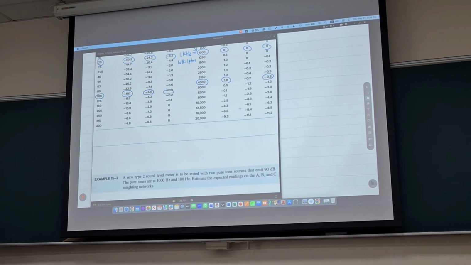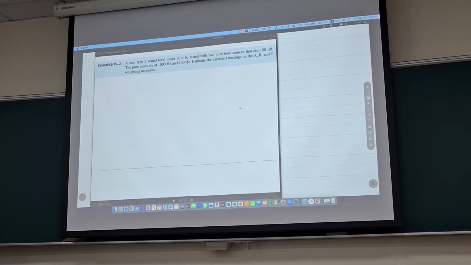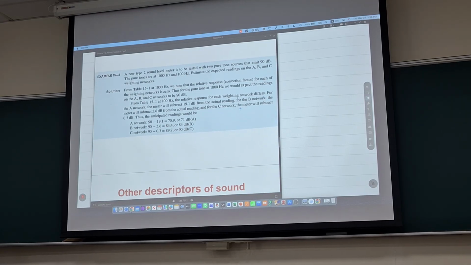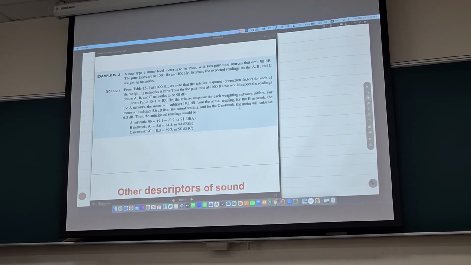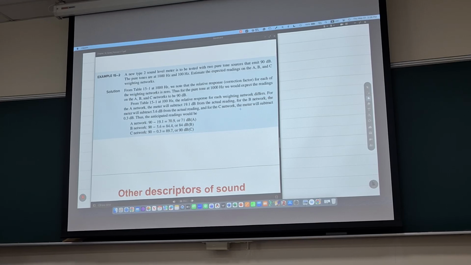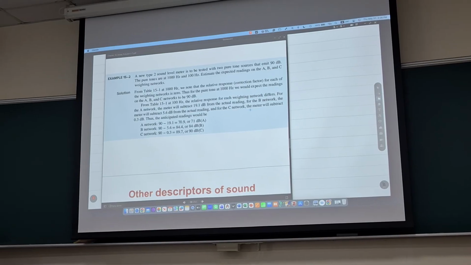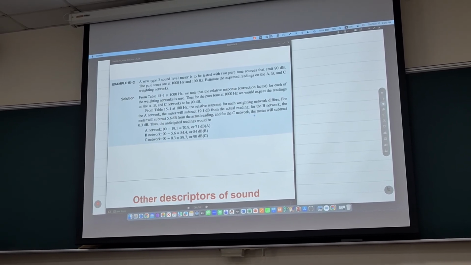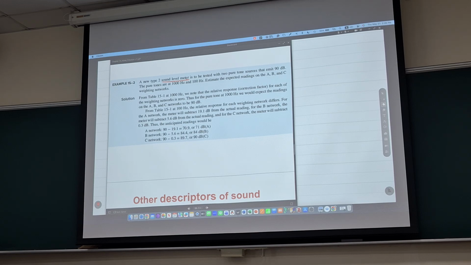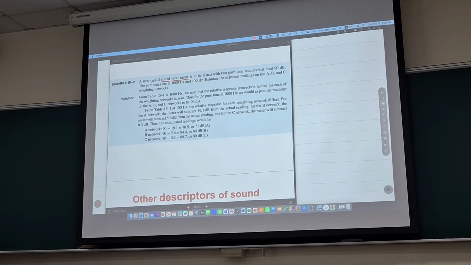Okay, let's do one question. I don't have time for you to practice, so let me just do it. A new type of sound level meter is tested with pure tone sources that emit 90 decibels.